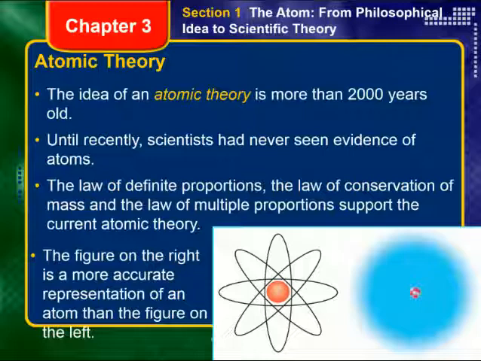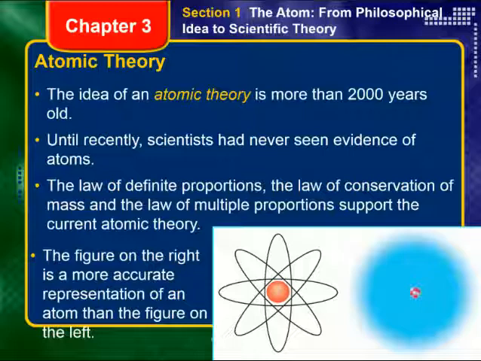We have this figure down here at the bottom right, 2 pictures of atoms, and they both represent an atom. But here's the thing. The one on the left is a drawing of an atom that you may have seen before. You might not know why, but you might think this is an atom.